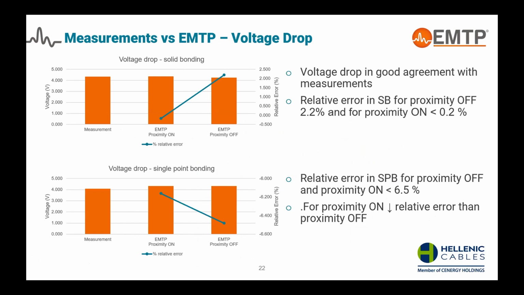For single point bonding, in both cases, the relative error is less than 6.5%. When proximity is on, we notice that the relative error is lower than with proximity off, and this is indicative of the effect of the proximity effect in armored cable as well.